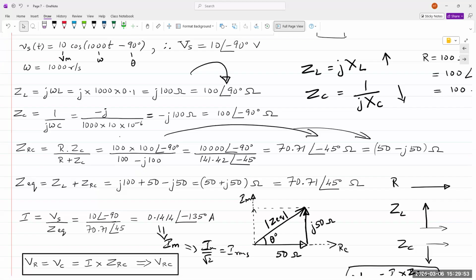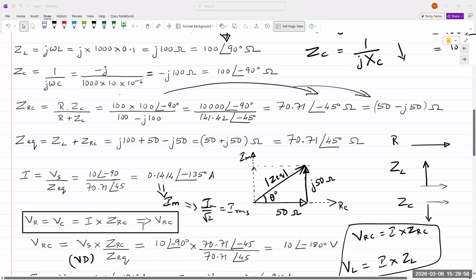And once we have ZEQ, we apply Ohm's law and determine the total current flowing in that circuit: 0.1414 with an angle of minus 135.